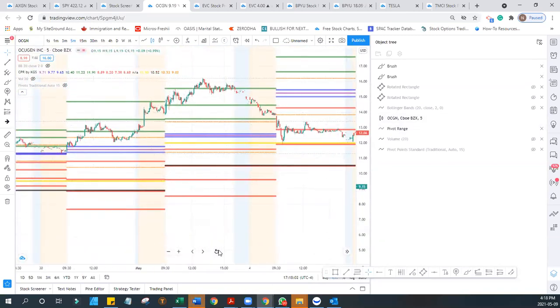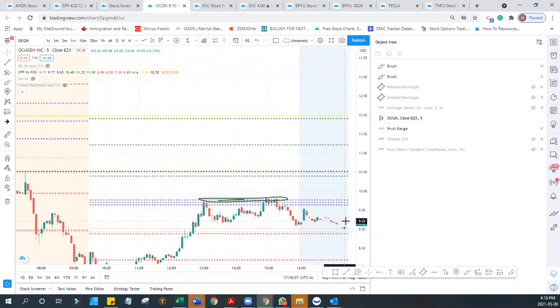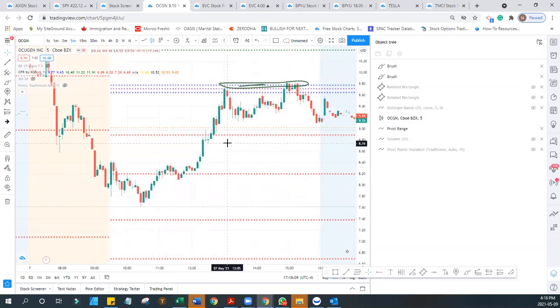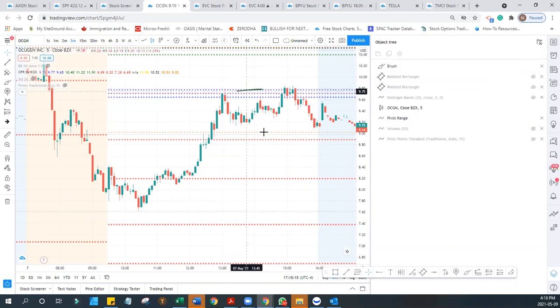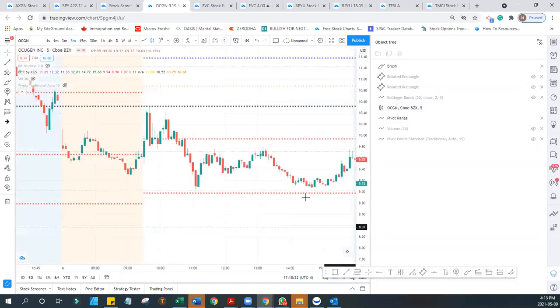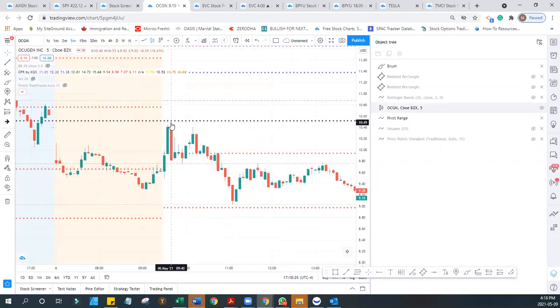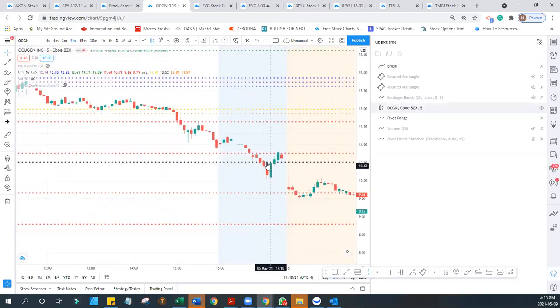Look here, price went up, took the resistance at the CPR, came down, went up again, couldn't manage to exceed the previous day's high or close above it, and then price fell. Price tried to go past the monthly pivot, and then it fell.